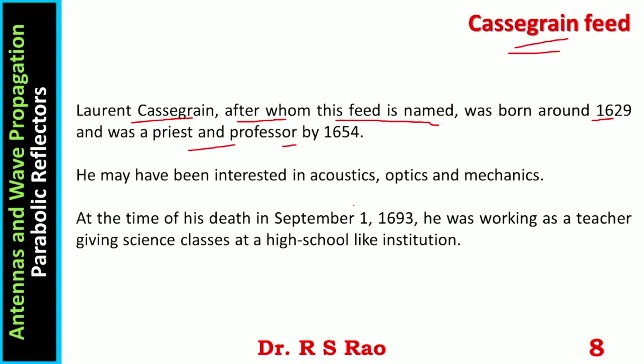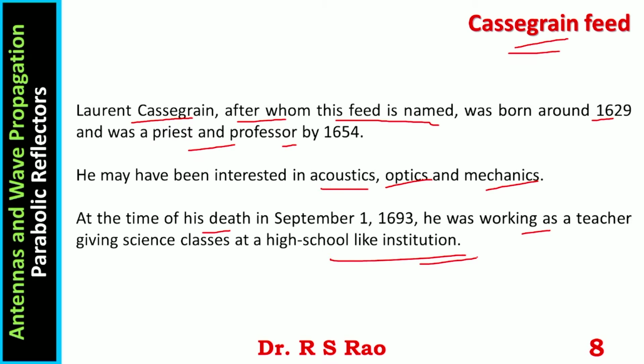He may have been interested in acoustics, optics, mechanics. At the time of his death on September 1, 1693, he was working as a teacher, giving science classes at a high school-like institution.